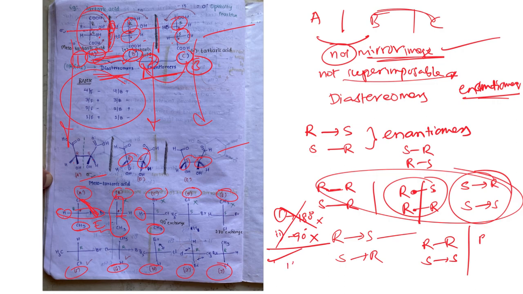Acceptable which one? A 180-degree rotation two times is acceptable because it gives the same configuration, and if any one group is fixed and the other three are rotated clockwise or anti-clockwise, that is acceptable. It gives an identical structure. Keep in mind. So I hope I clearly explained all the things.